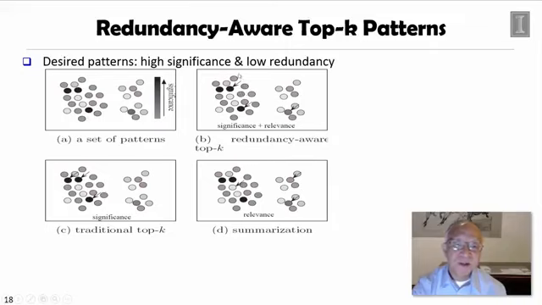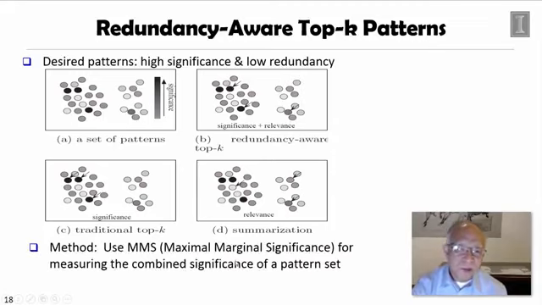Simply says, you look at this one, they are very significant, and they are also in the cluster center. You may want to show these patterns. In the meantime, suppose you can only show 3, you may show these that are significant and less redundant. This one is significant, and also it represents this cluster.